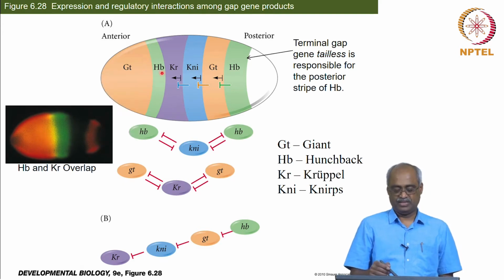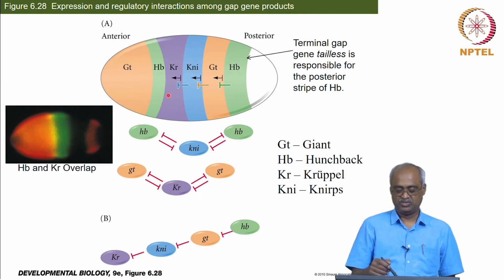And when you have low bicoid but enough of hunchback, then you do not express giant and instead you turn on Krüppel, okay. And in addition, giant and hunchback suppress the expression of the posterior genes like knirps in this region and Krüppel. So, therefore, Krüppel and knirps are not expressed in the anterior part, alright.